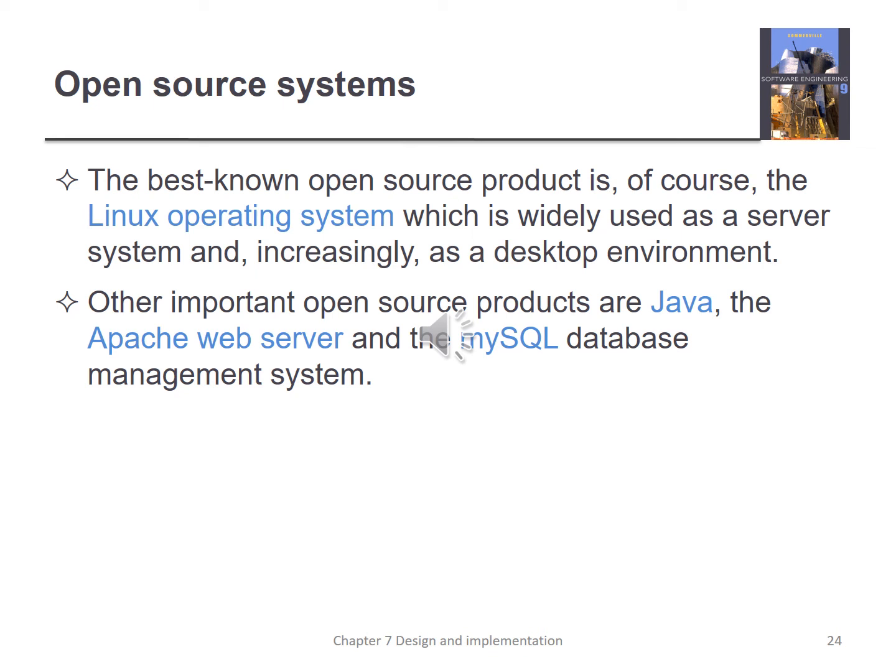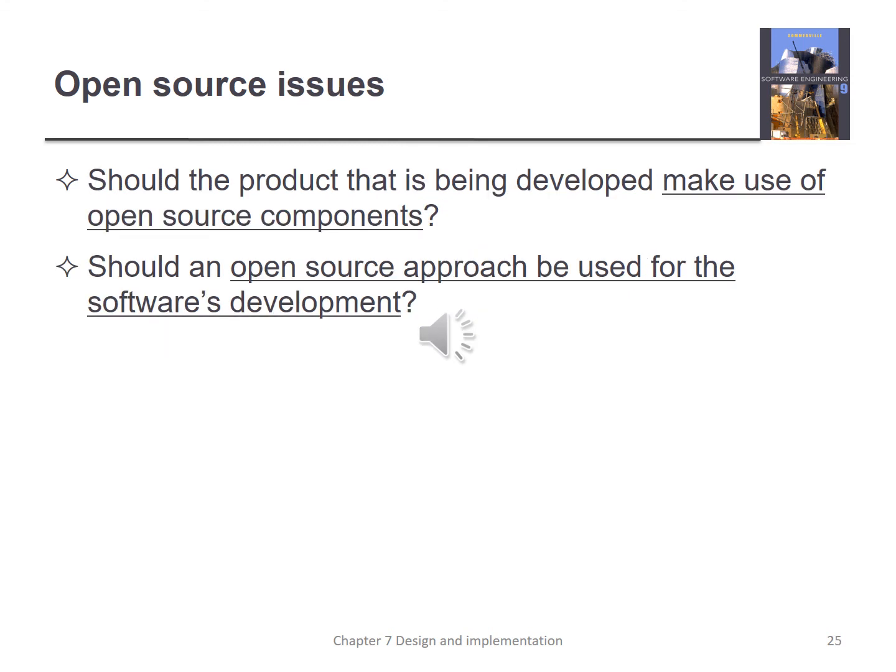The best known open source is Linux, a operating system widely used as a server system and increasingly as a desktop environment. Other important open source includes Java, Apache web server, MySQL database management system, and so on.